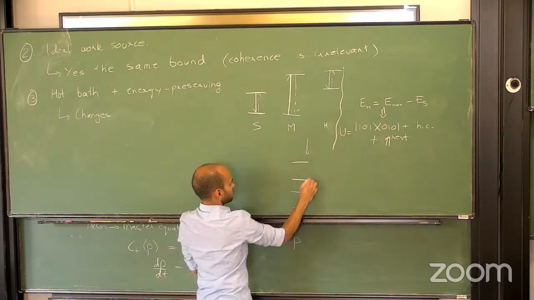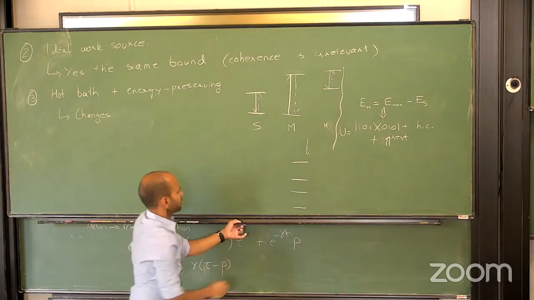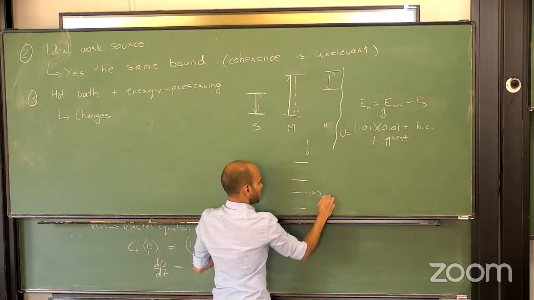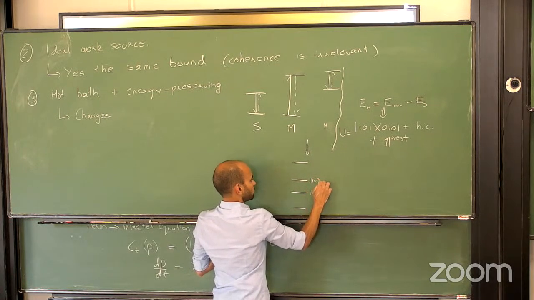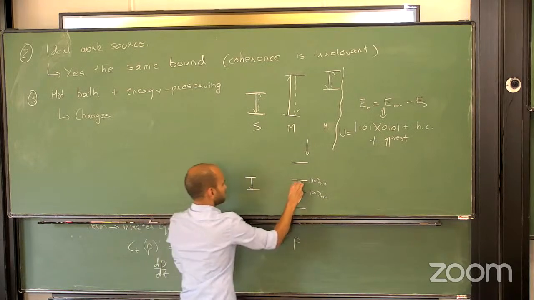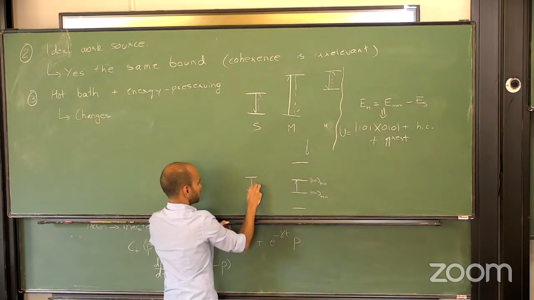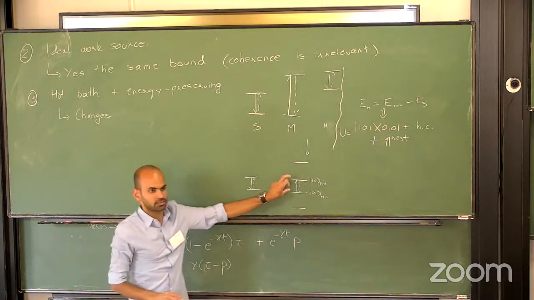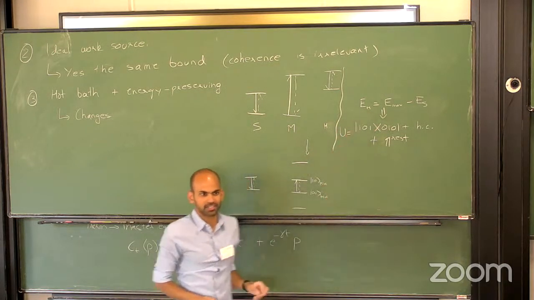I've written it as a 4-level system, and these are the states 0, 1 mH and 1, 0 mH, and these are really the ones that interact with the system. So if I look at the swap in this new picture, it's a swap between these two states, which by definition, because I've chosen the energies to match, have exactly the same energy.